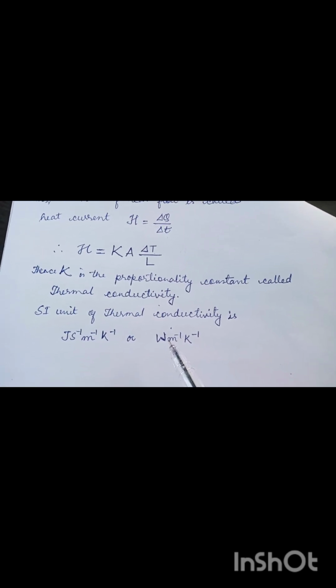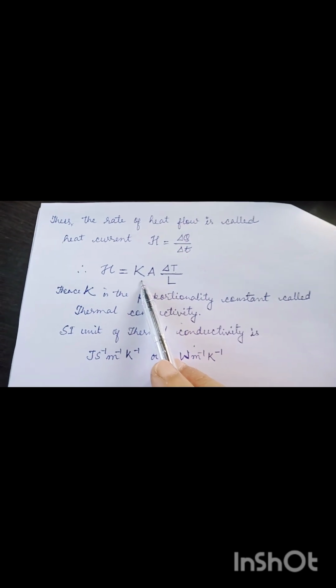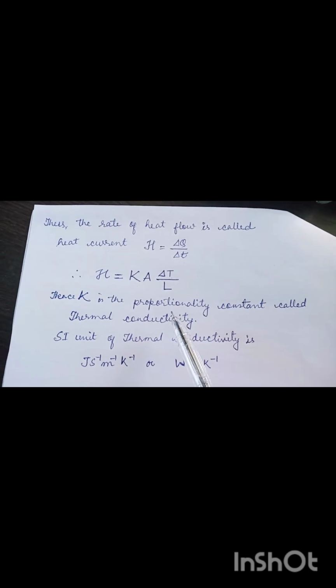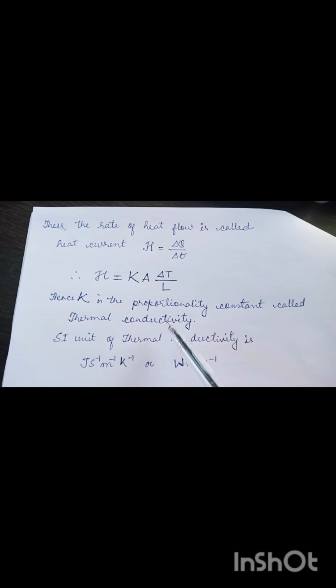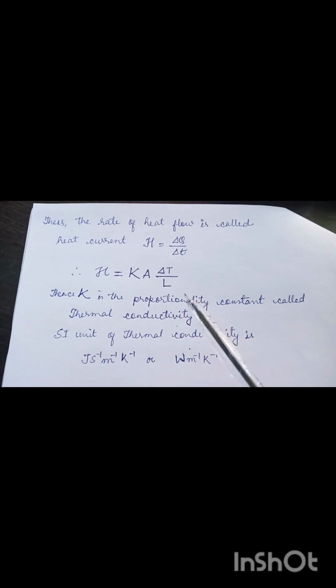The values of thermal conductivity for solving numerical problems are given in the book, and we will also find them in question papers. From the expression of heat current, we can define thermal conductivity.